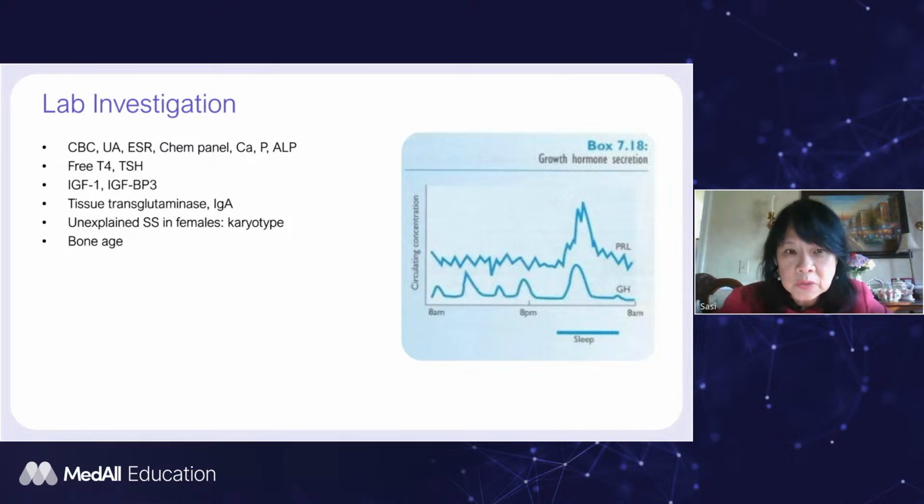And we do chemistry, looking at electrolytes. And if you suspect bone disorders, you may also have to check calcium, phosphorus, and alkaline phosphatase, and check thyroid function tests. And we do IGF-1 and IGF binding protein 3. These are markers for growth hormone.